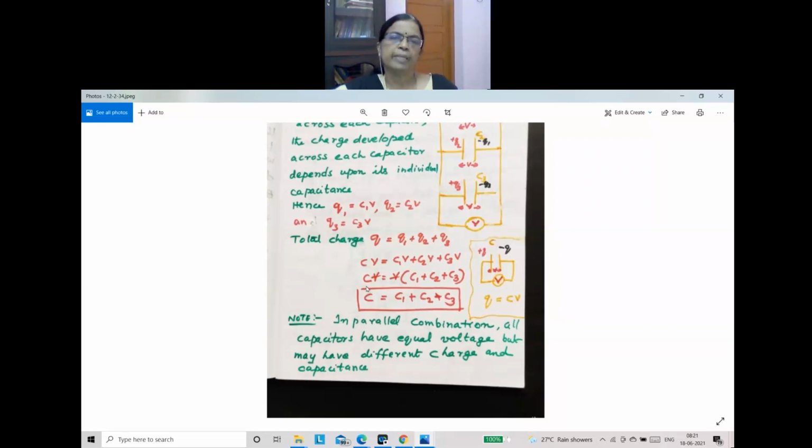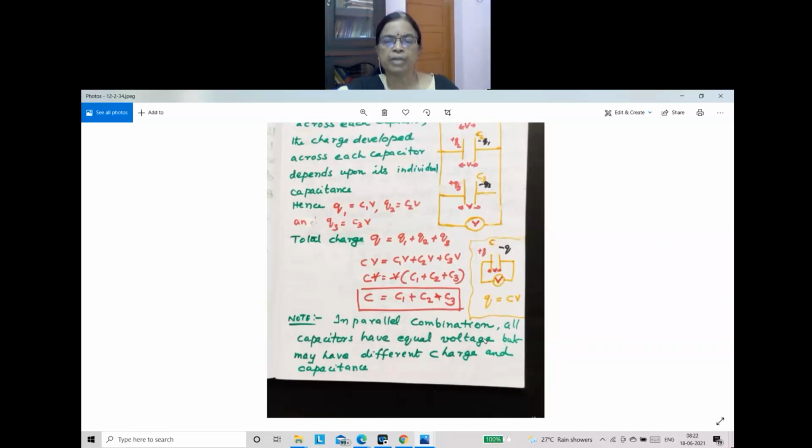When the capacitors are connected in parallel, the capacitances are added. We can increase the value of capacitance. For example, suppose you are having 1 microfarad and 2 microfarad capacitance. In order to increase the value, what connection will you prefer, children? C1 and C2, we want a value more than 1 or more than 2, say 3.